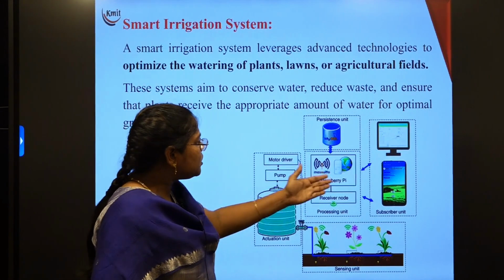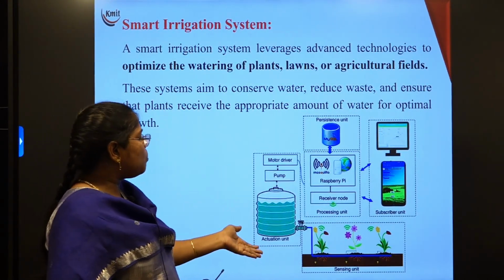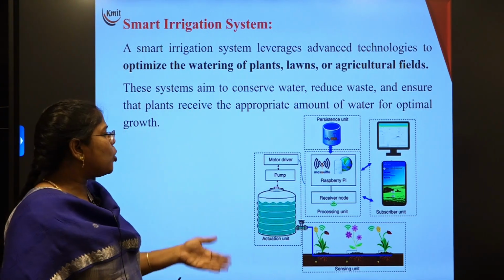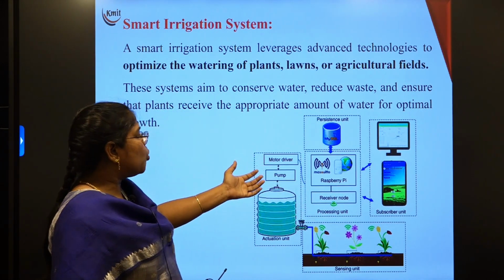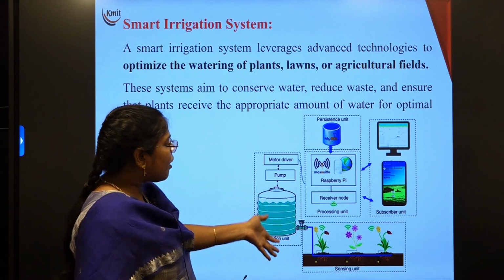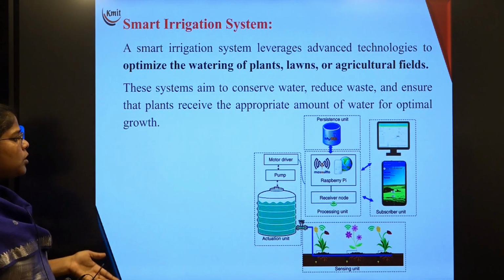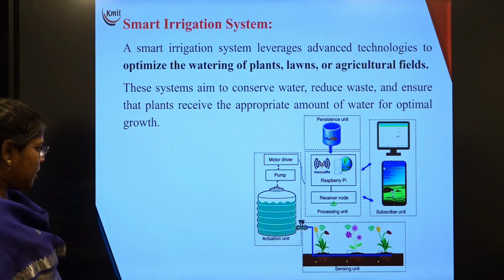Once the subscriber has given any processing, it senses the water levels, and the Raspberry Pi enables the motors to give water to a plant, so that it automatically controls whether to water the plant or not.